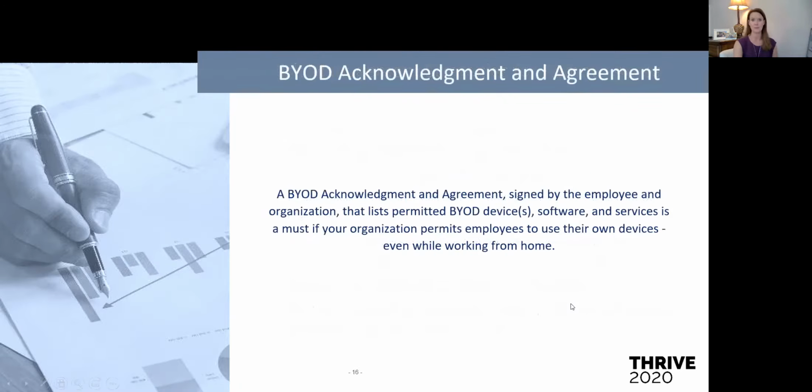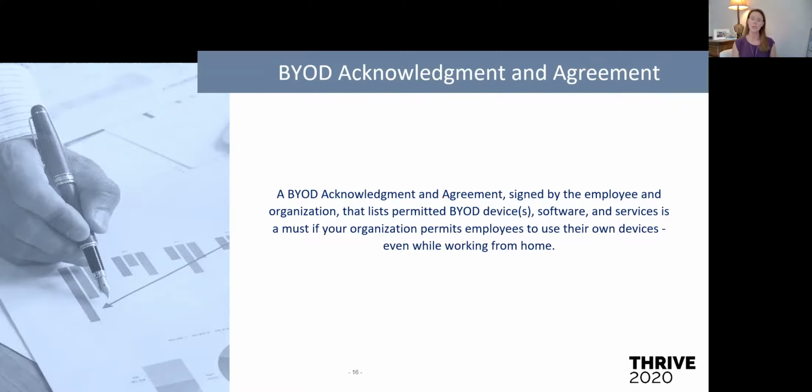So I told you we were going to talk about BYOD, and I do think that this is something that's being utilized a lot because we did have to deploy a lot of people to home, and we may not have been prepared to issue devices to every employee.